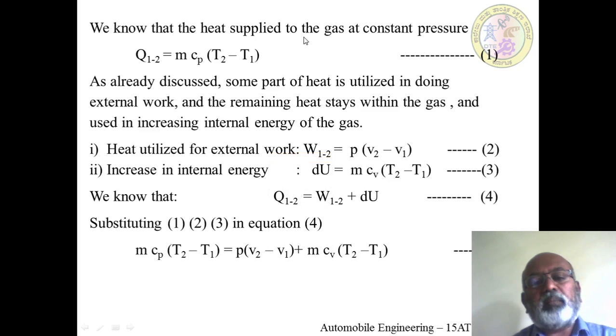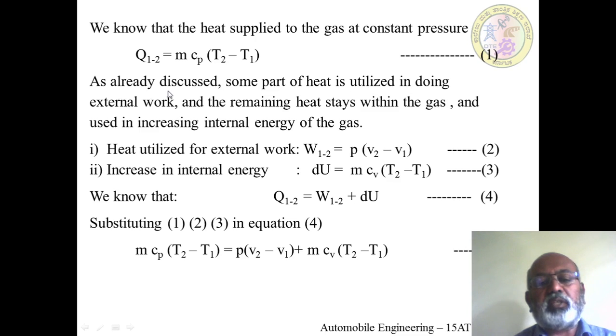We know the heat supplied to the gas at constant pressure. At constant pressure, we are supplying heat to the system. Q1-2, that means heat supplied from initial stage 1 to final stage 2, is equal to m Cp (T2 − T1).